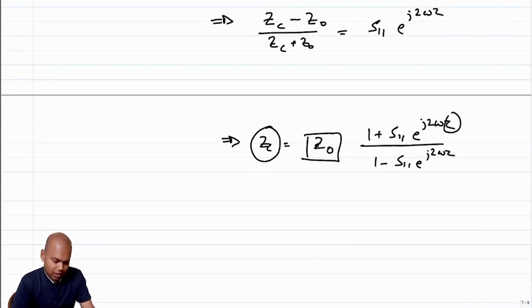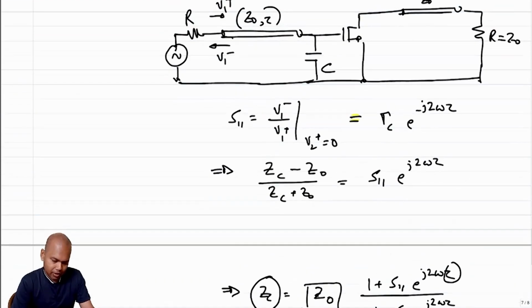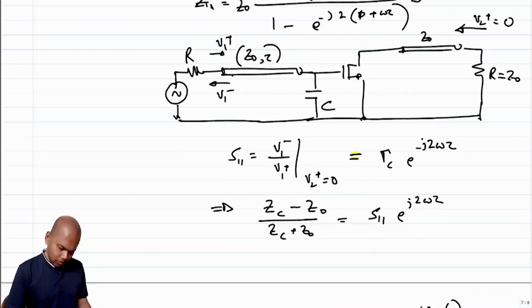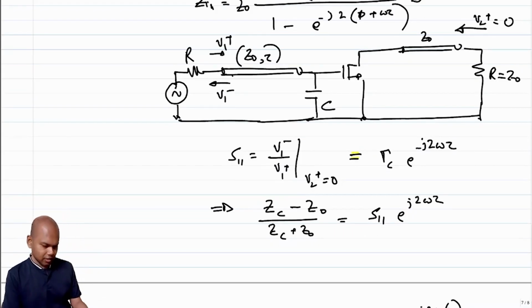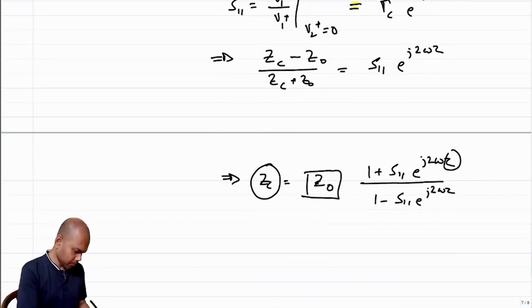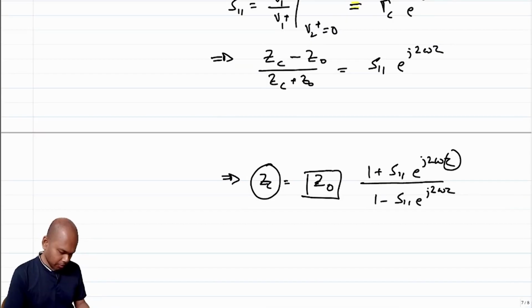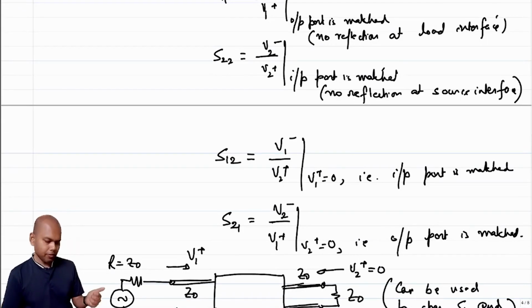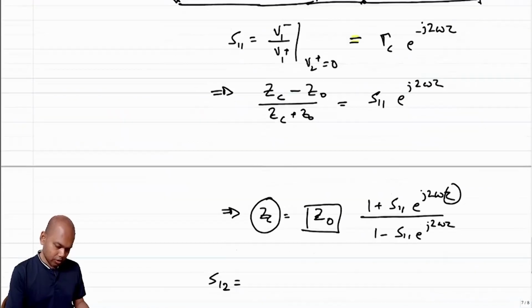Okay, fine. Now let's say in the same network I want to find out the others. So this is as far as S11 is concerned. We can similarly do the others, so let's quickly go through them. What about S12? What is the definition of S12? S12 is V1 minus by V2 plus when the input port is matched.